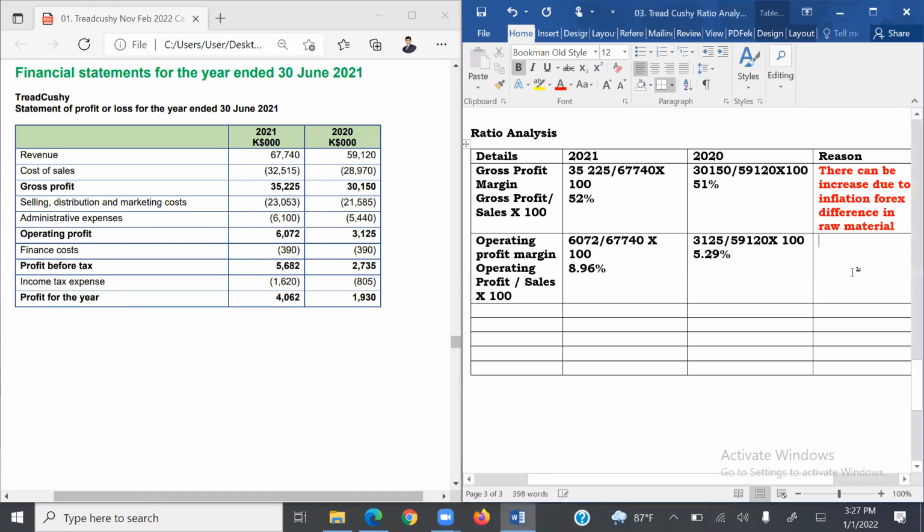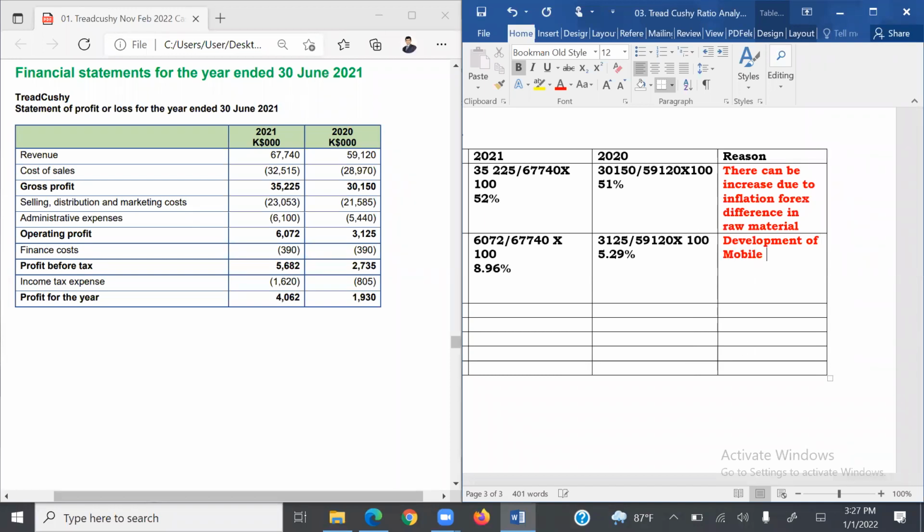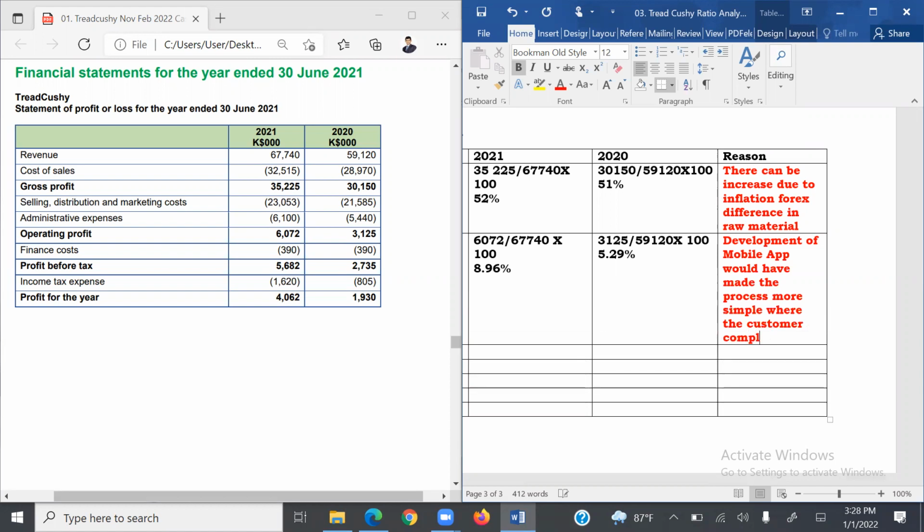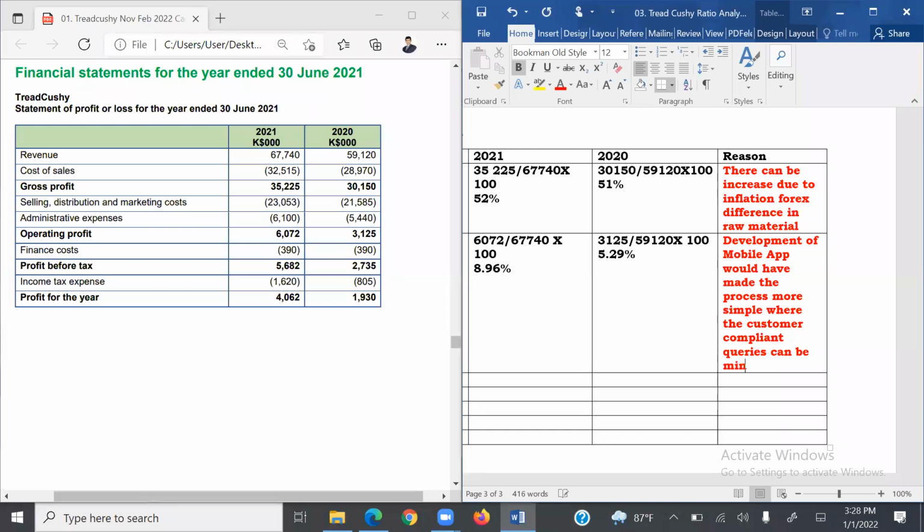Now, students, if you observe, the operating profit has completely increased compared to last year. So I can justify the development of the mobile app. Development of the mobile app would have made the process simpler, where customer complaints and queries can be minimized.